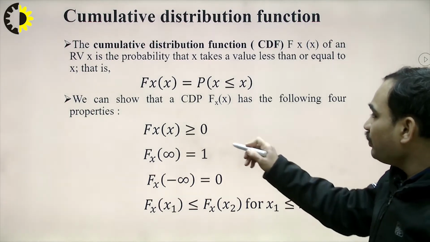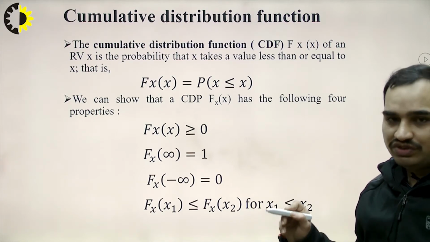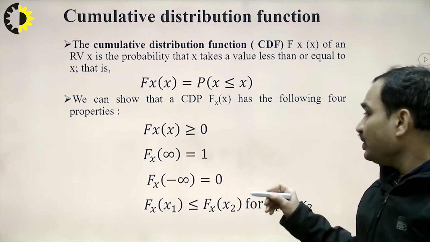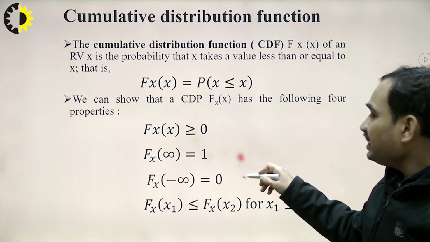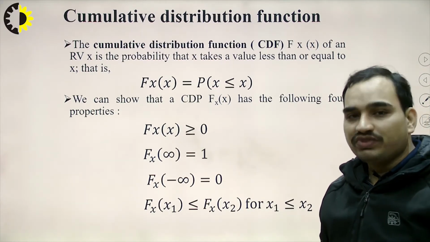So these are the four important properties of the cumulative distribution function. We have to understand these four properties, then only can we solve numericals based on the cumulative distribution function.